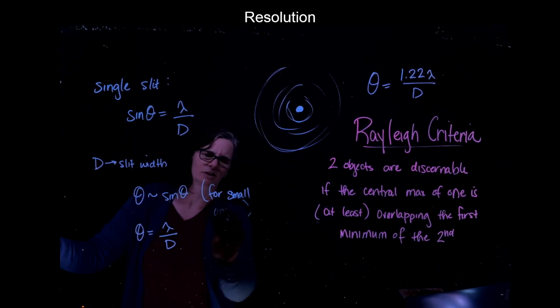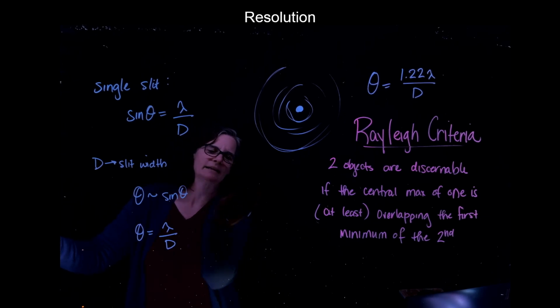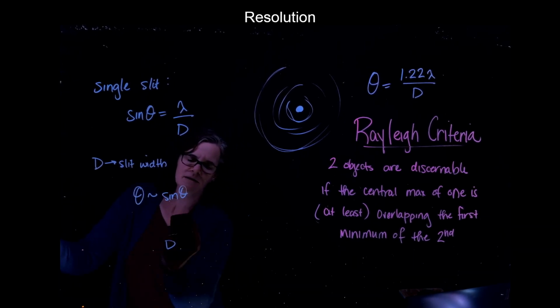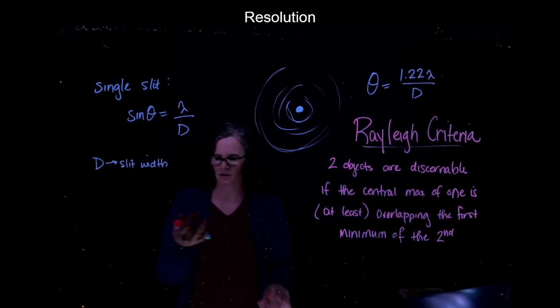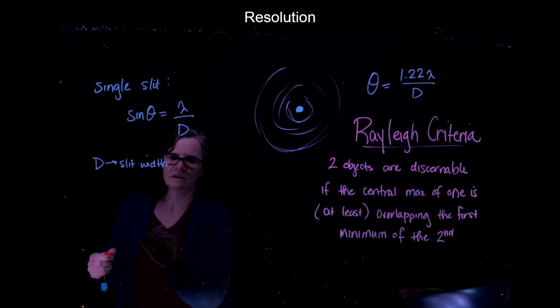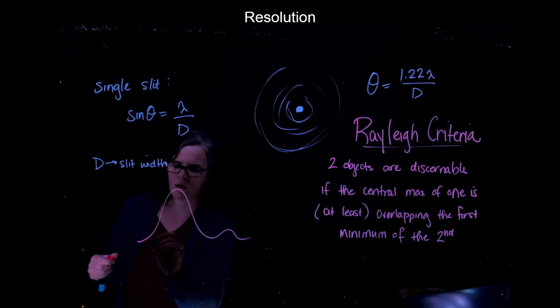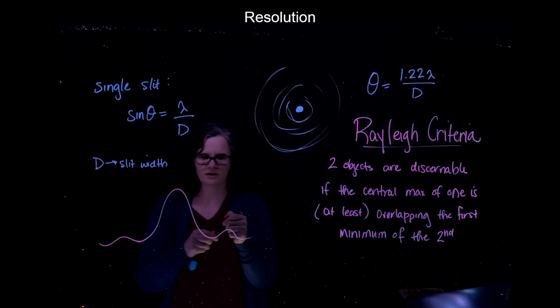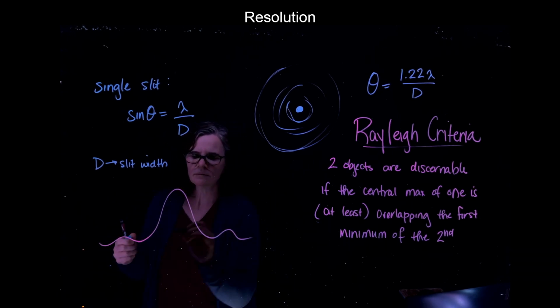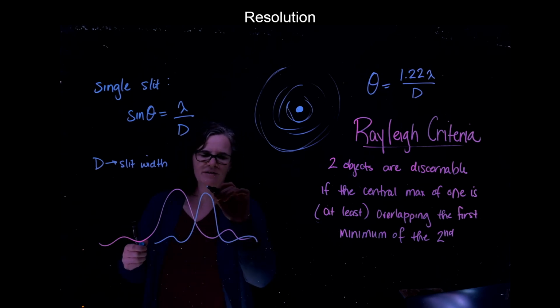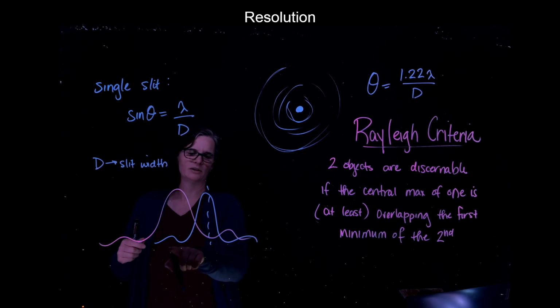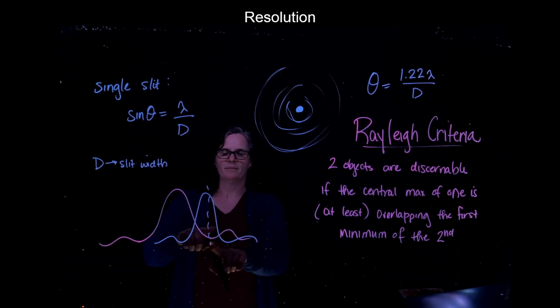So what does that look like? If I'm going to try to draw it, as you can see, I have my growth opportunities in my abilities to draw. Here's the central maxima of one. It would be if the central maxima of the second one overlaps here with the minimum of the first one, pink being the first, blue being the second.